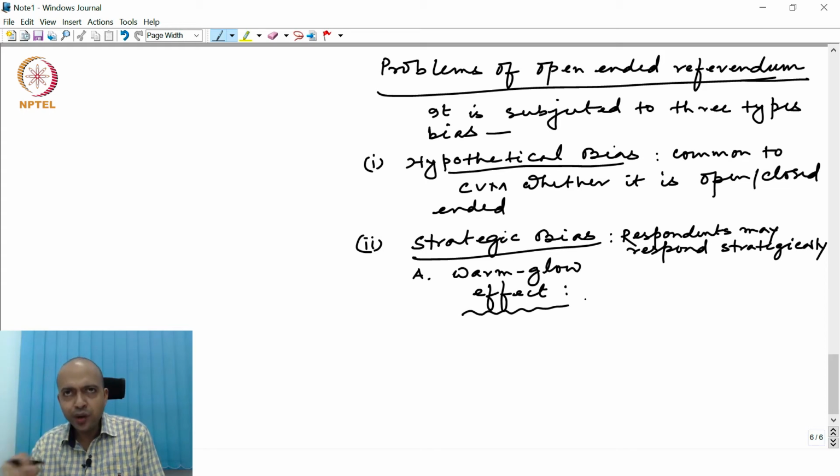So overbidding to impress the interviewer leads to the warm glow effect. Why is it called warm glow? By saying yes to any amount you ask, I am just showing how careful I am about the environment.